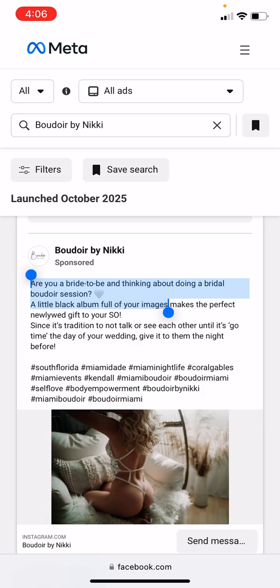The third thing that could happen in the see more headline is we want to have a positive. So what is something positive that women are saying in their brain that they want, that our bridal boudoir session is the solution to? Something that they want in their life. And no, bridal boudoir session is not in itself a positive.